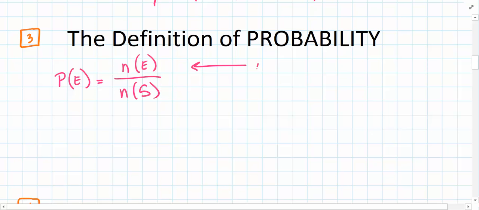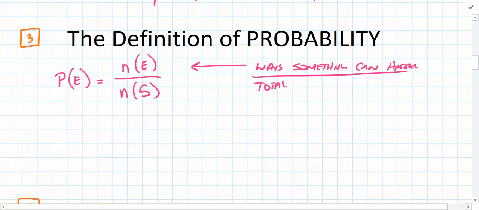This is ways something can happen over the total in the sample space. So the sample space is very important. The size of our sample space will be the denominator of probability.